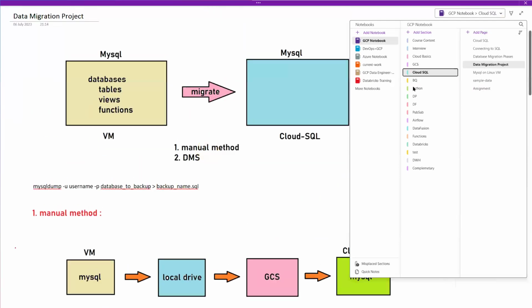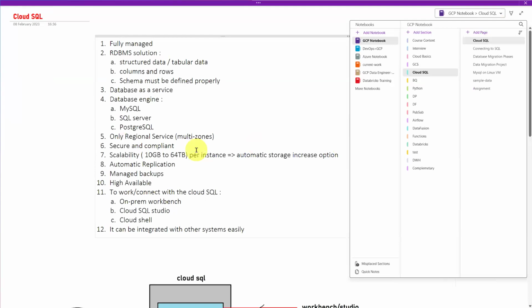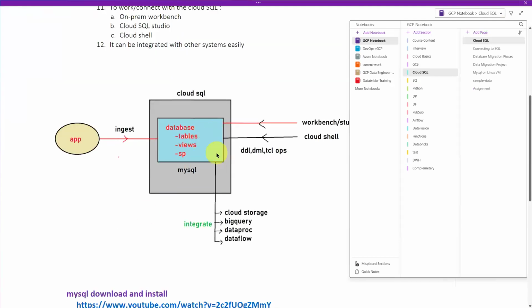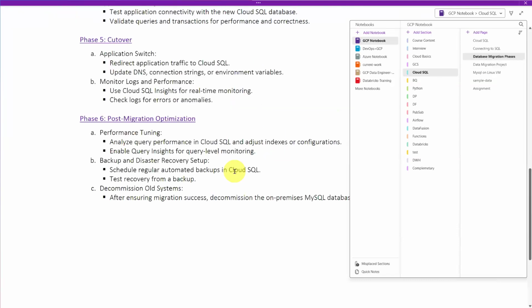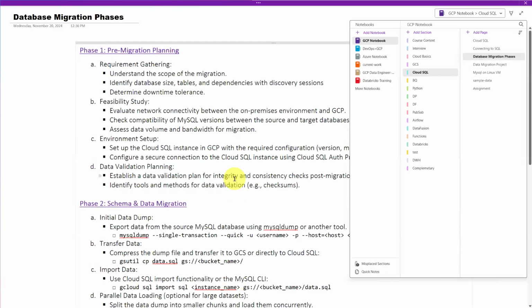Similarly, what is Cloud SQL? The hierarchy, the simple architecture, how do we connect to Cloud SQL from multiple applications such as Workbench or Cloud Shell or Cloud SQL Studio. And here we are covering the database migration process.